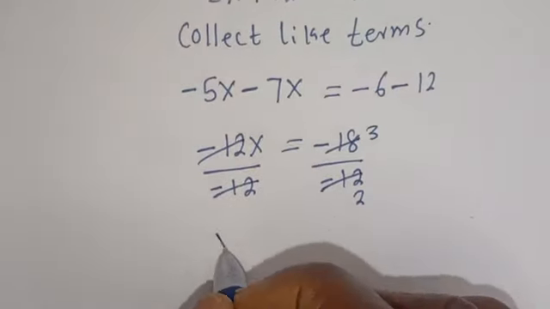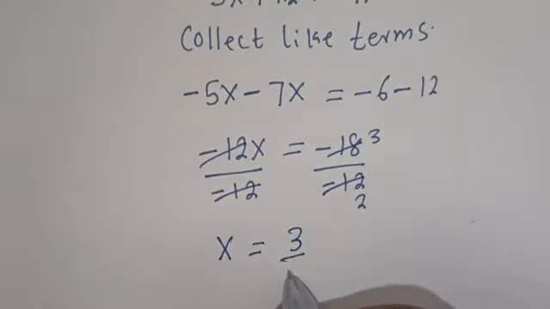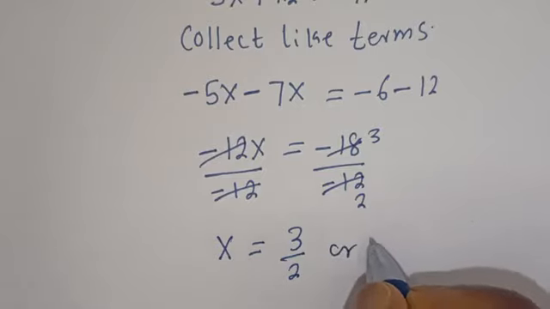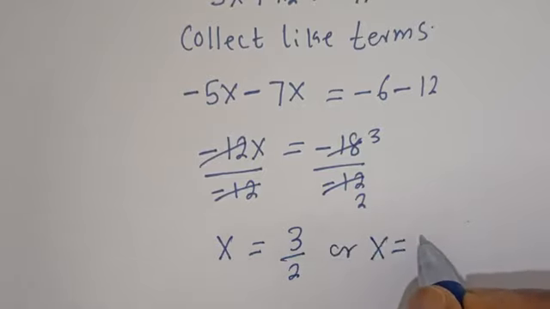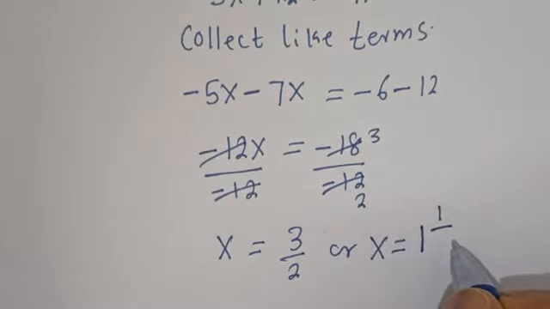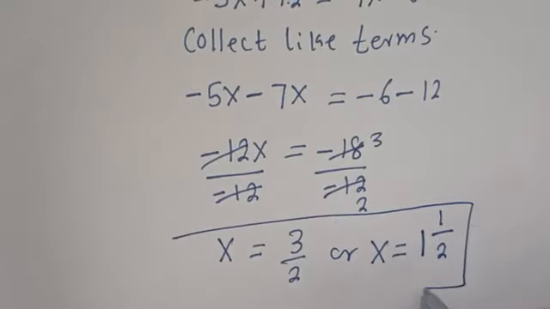Therefore, we have s is equal to 3 divided by 2, or s is equal to 2 in 3, that is 1 whole number, then 1 divided by 2. This is the final answer.